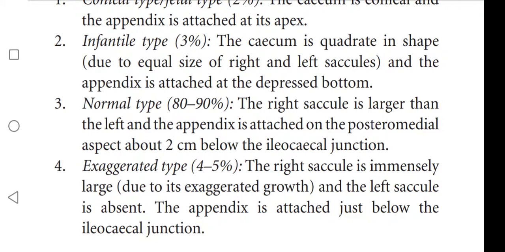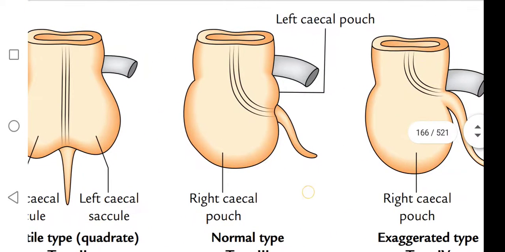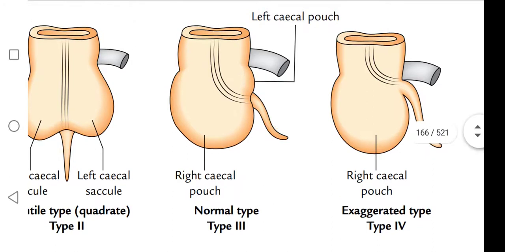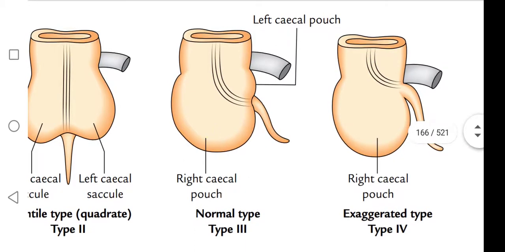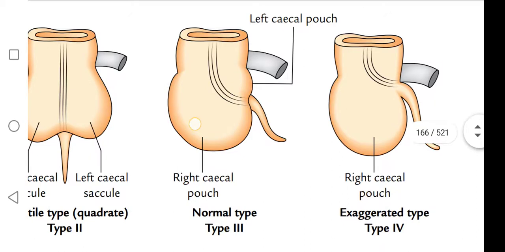If I show you the diagram, it is easy. This is the left pouch, this is the right pouch. If you observe here, the right one is larger than the left. For the identification of the normal type, this is useful.